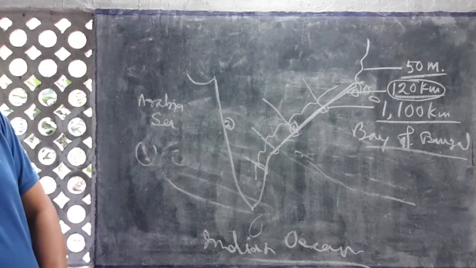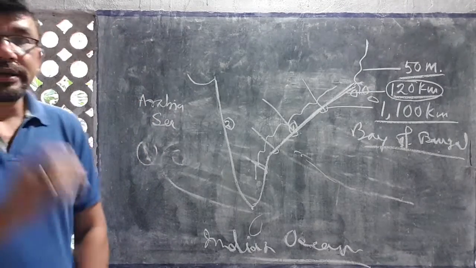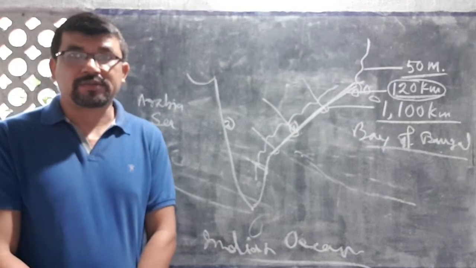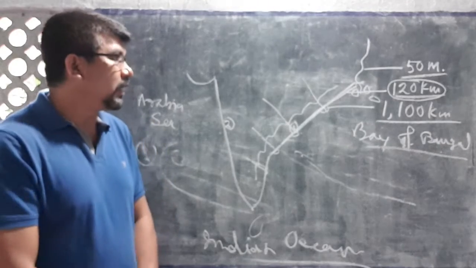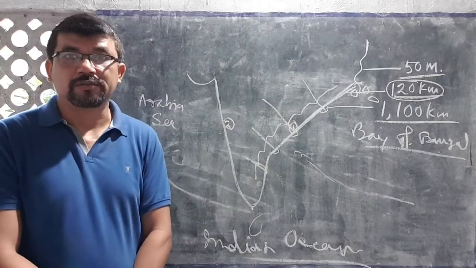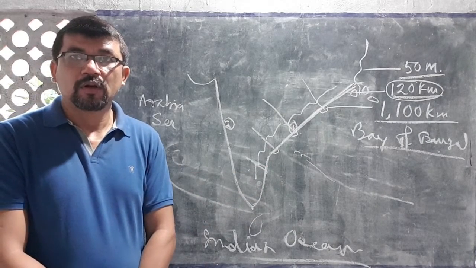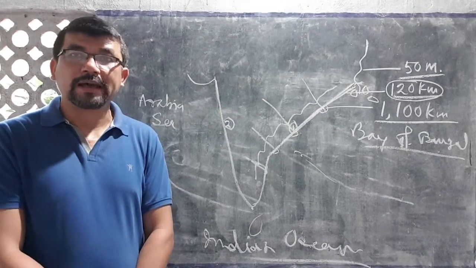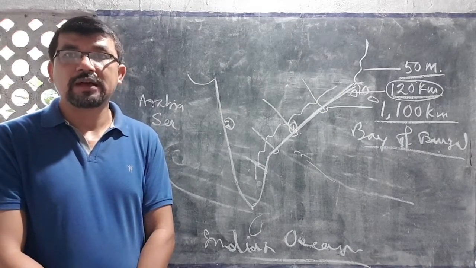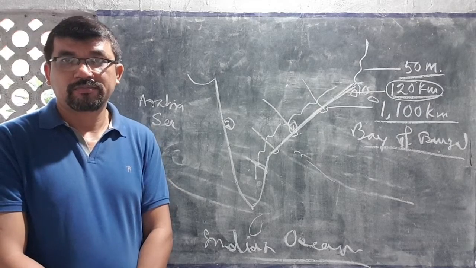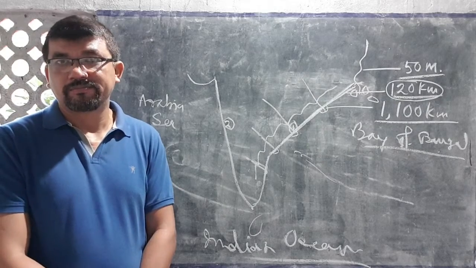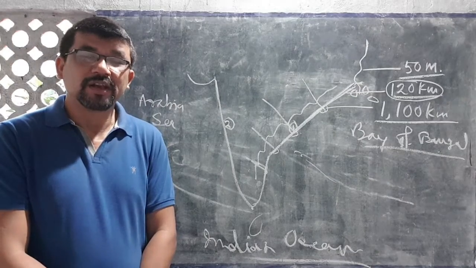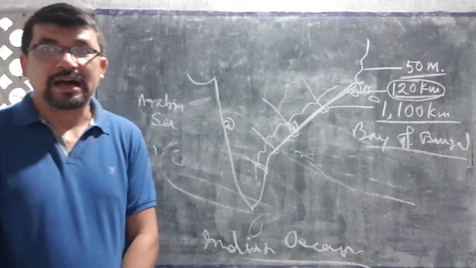Now see another point. There are three important lakes found in this eastern coastal region. What are those lakes? Do you know the lake which is located in Orissa? It is very famous in India. What is it? It is Silka.